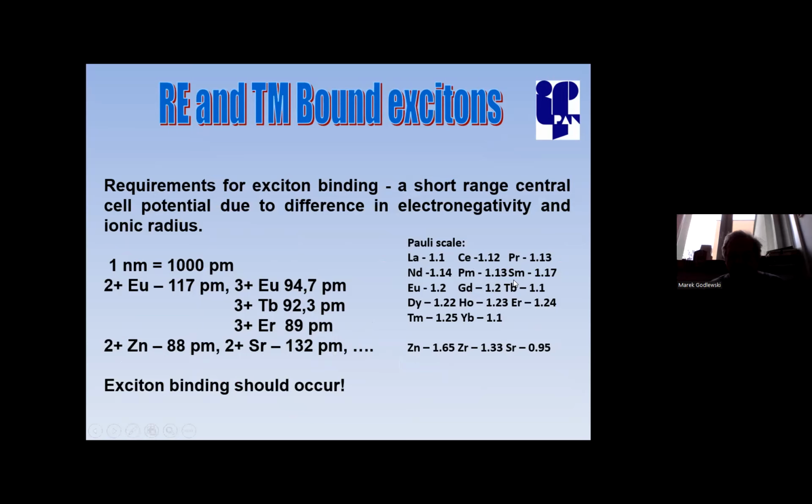And if you use the so-called Pauling scale, which is a scale of electronegativity, the largest value in this scale is 4 for fluorine. This is highly electronegative, strongly attracting electrons. Then we see that the electronegativity for different rare earth ions is pretty different, and they also differ compared to zinc or strontium. So we can expect that both effects in some way may lead to binding of an exciton.